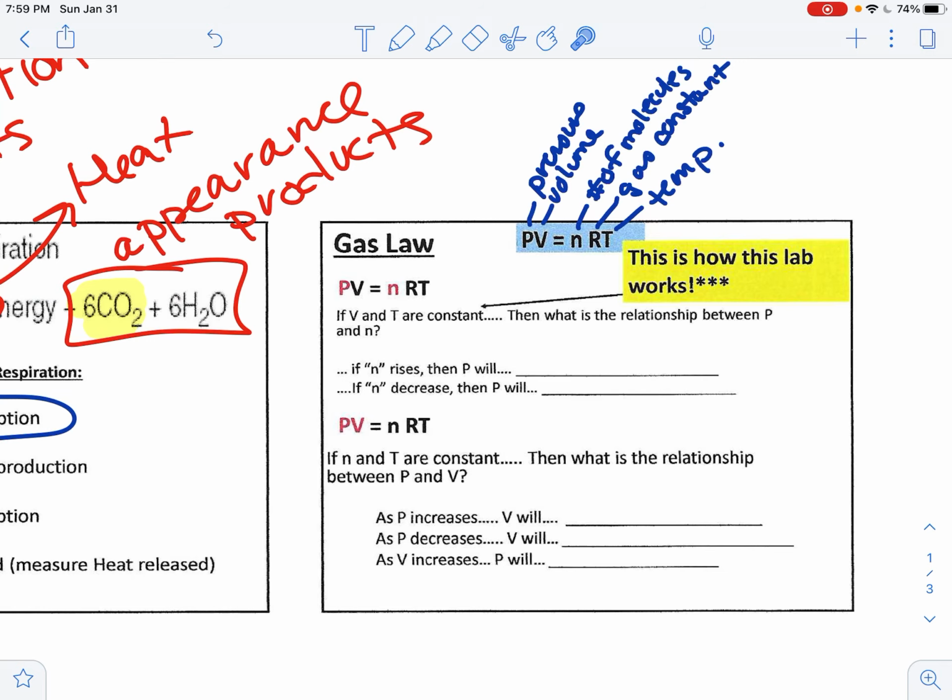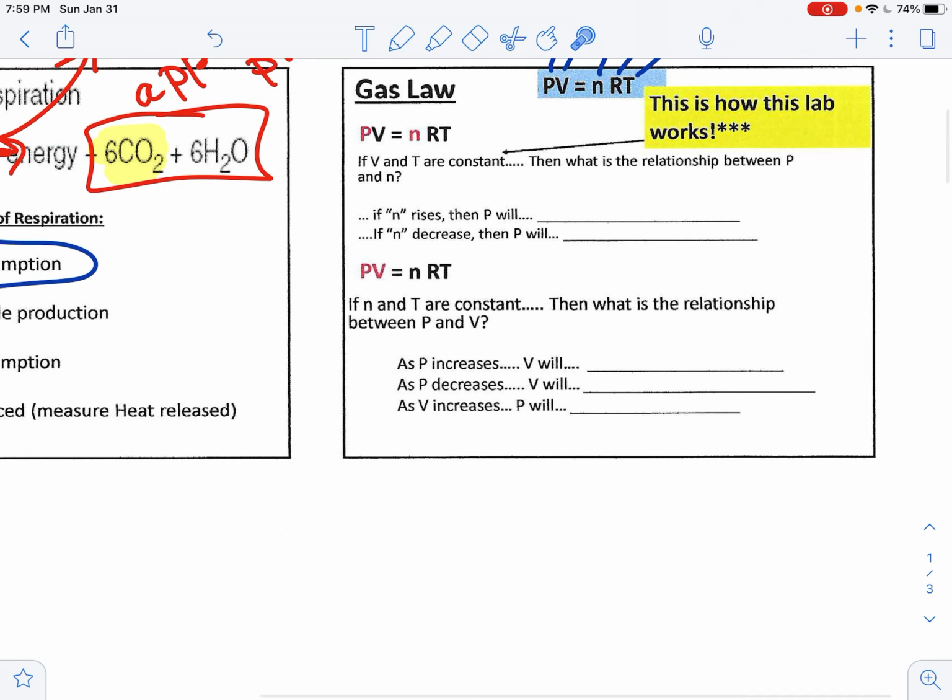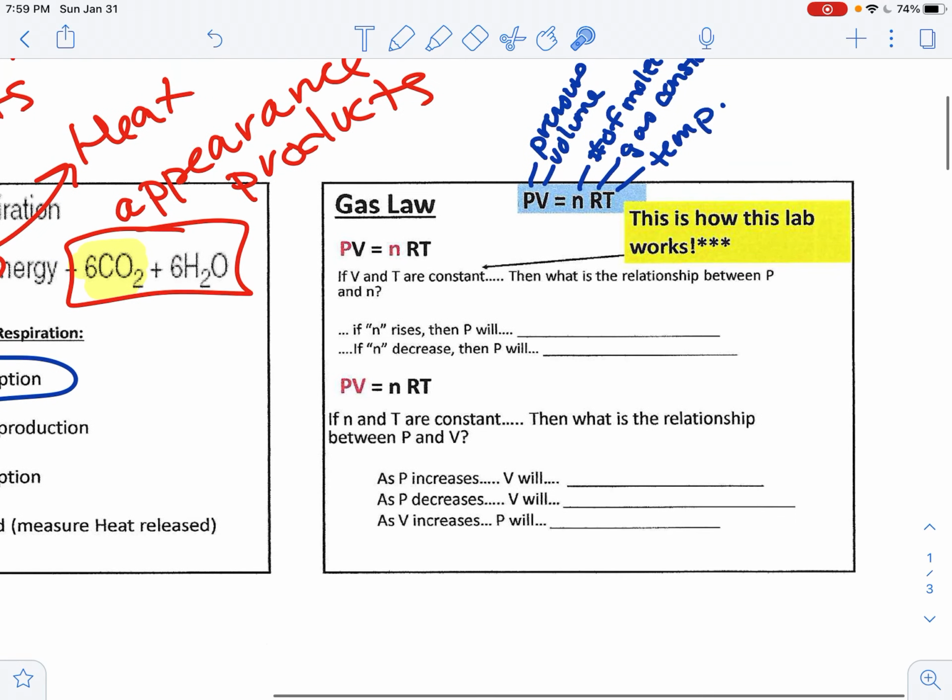So remember, we're talking about a gas in this little respirometer. Just to give you an idea here: I have the P and the N in red, and let's assume volume and temperature are constant.